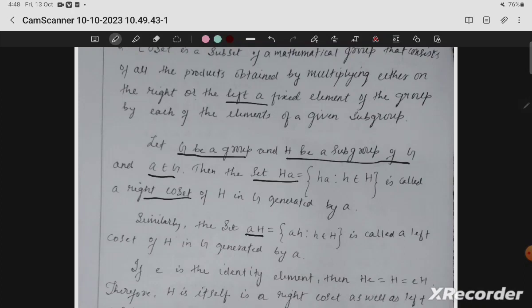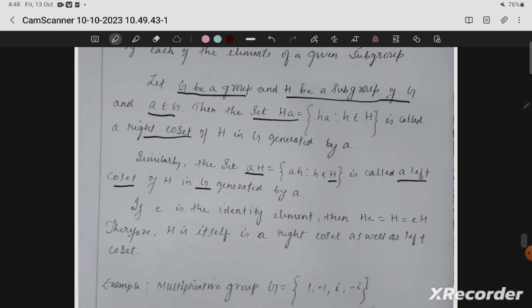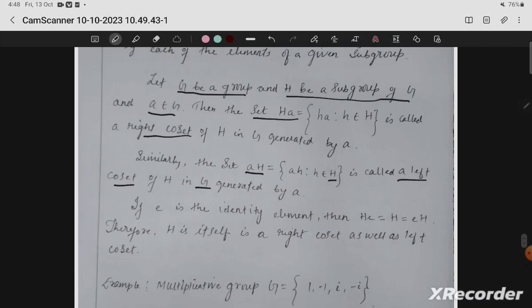Similarly, the set aH equal to {ah such that h belongs to H} is called the left coset of H in G generated by a. Now if E is the identity element, then HE equal to H is equal to EH. Therefore, H itself is a right coset as well as a left coset.